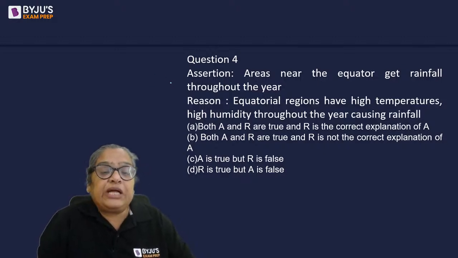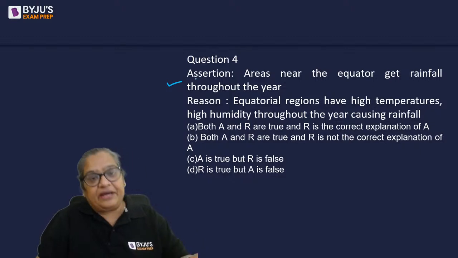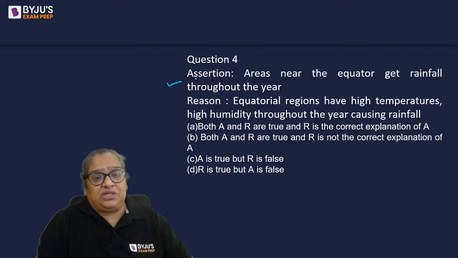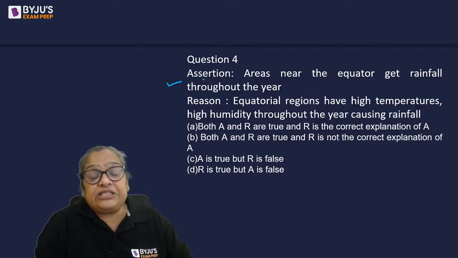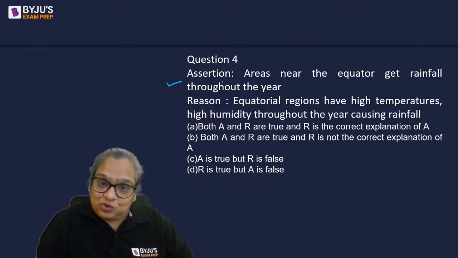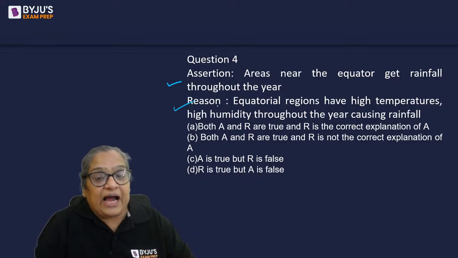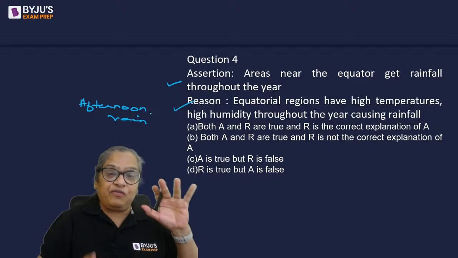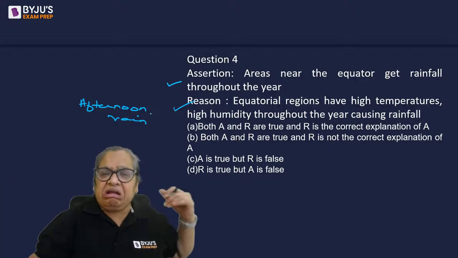Yes, it is true that tropical rainforests, whatever is left of them, are getting depleted. They're being cut at such an alarming rate that people are saying very soon you won't have tropical rainforest anymore. And yes, high temperature, high humidity throughout the year. So they have what is called 4 o'clock rain. I read this when I was in school. 4 o'clock rain, 3:15, 4, suddenly lightning, thunder.